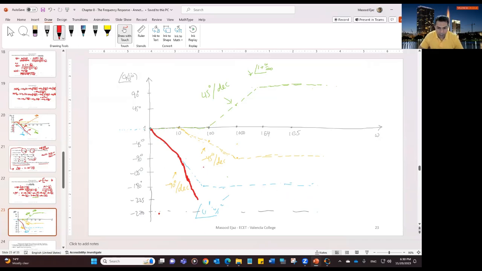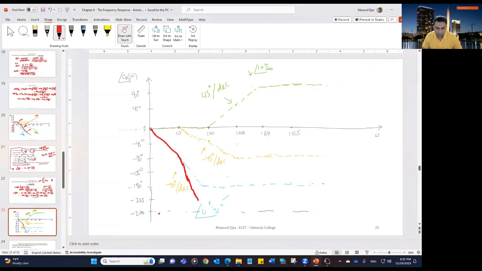Let's see. Okay, let's look at it again. So at this point, you have only this line. At 10, it starts dropping up to 100. And this is also dropping up to 100, I'm assuming. So these two are going to add together. That's negative 45 and negative 90, negative 135. So up to 100 is going to go to negative 225.